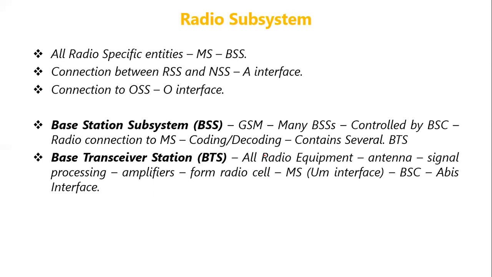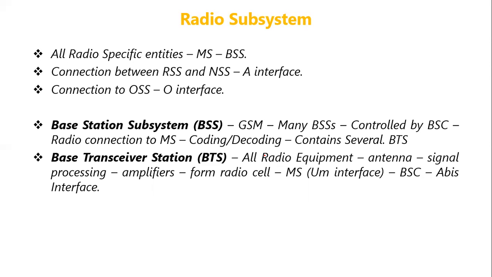So now let us understand the various other subsystems within the radio subsystem. First let us see the base station subsystem. A GSM network will have many BSS, and each base station subsystem will be controlled by a BSC, base station controller.